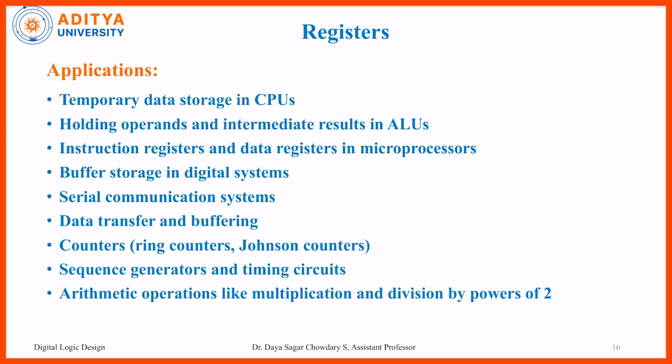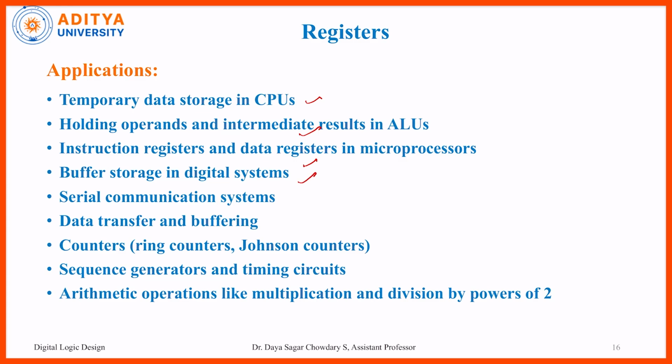And coming to the application part of the registers, temporary data storage in CPUs is very essential for CPUs. Holding operands and intermediate results in the ALUs, and instruction registers and data registers in the microprocessors. Because a register is a memory element, we can store data, either 0 or 1, in one flip-flop.